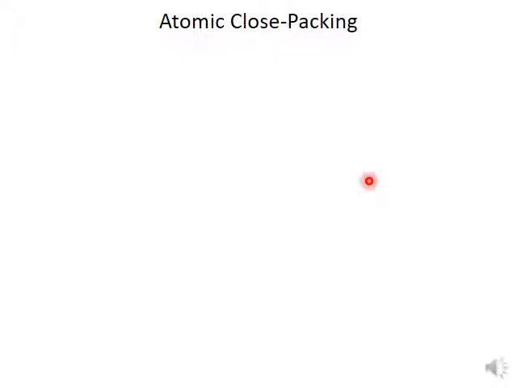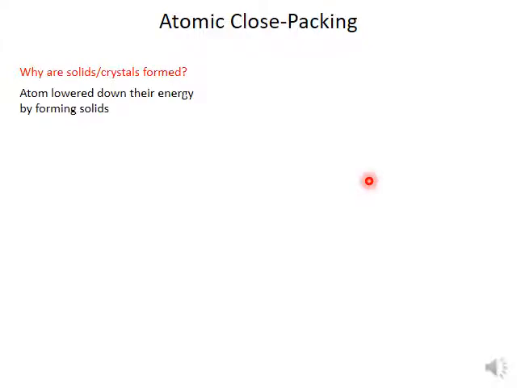So before I start with the discussion of close packing, let me ask this question: why are solids formed in the first place? This is a question we have already asked, and the answer is simply because you lower the energy of a system. If you have an ensemble of atoms, they lower their energy if they form a solid.